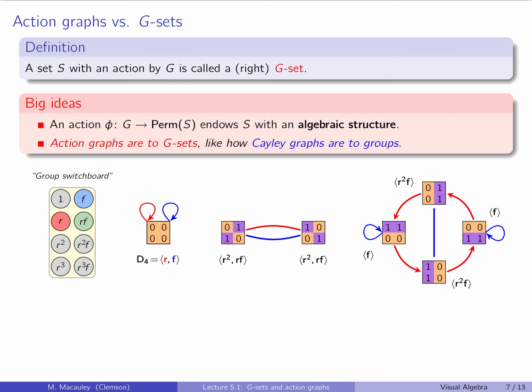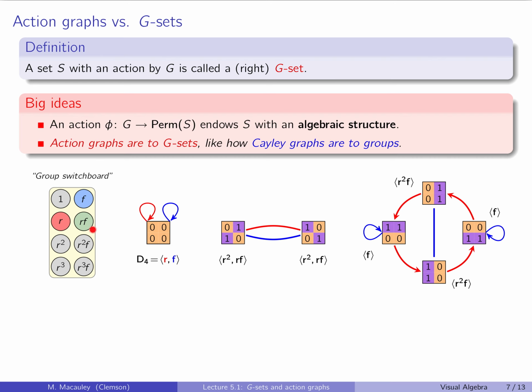Now, unlike a group, we don't have a binary operation to be able to multiply this times this or something, but we do have an interplay between the group and the set elements, which really is this switchboard. When I say the switchboard, I mean the buttons with the result of pressing the buttons, and that's the homomorphism.